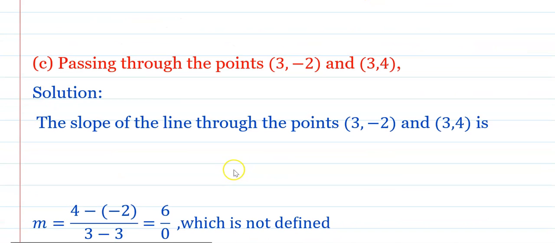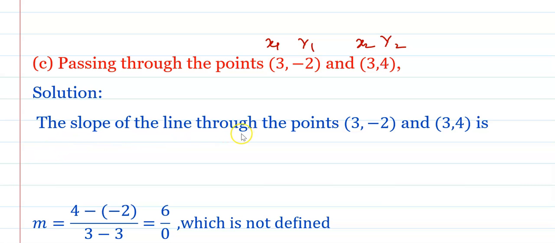Now the next problem. Passing through the points (3, minus 2) and (3, 4). Again here you can observe that the x coordinates are equal. This is x1 and y1, x2 and y2. When we find the slope of a line whose x coordinates are equal, then that slope is not defined. It's parallel to the y-axis.